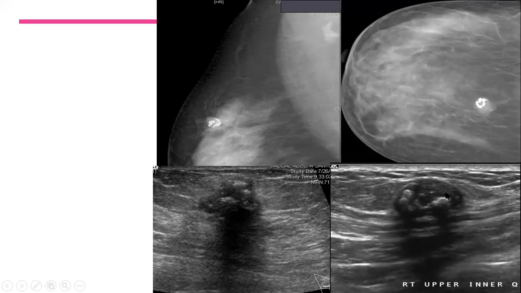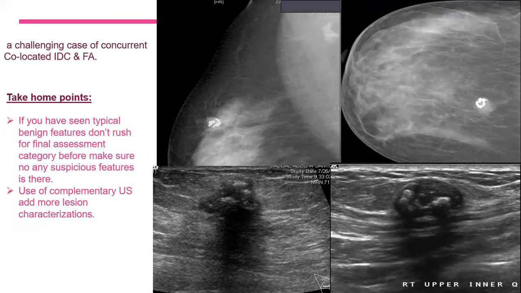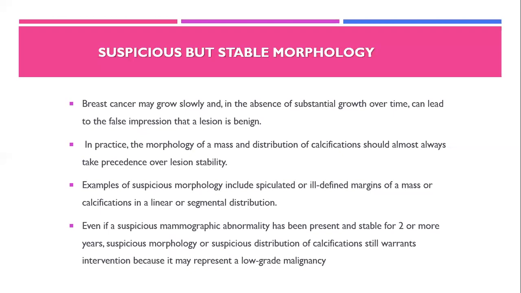Well defined, circumscribed. So we have to be cautious when we evaluate hyalinized fibroadenoma, okay? And if you have seen typical benign features, don't rush to a final diagnosis before you make sure there are no suspicious features. And we have to use complementary ultrasound for further characterization, okay?